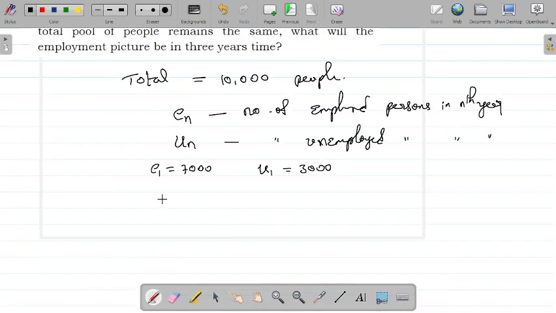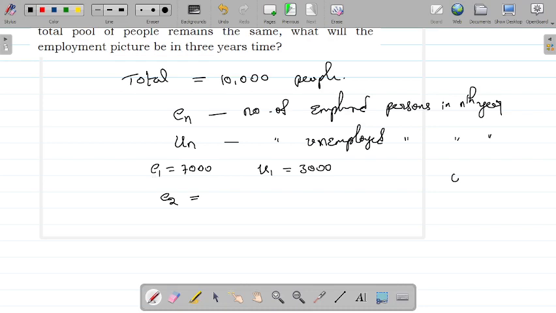So next, what is E2 and U2? Can we find any relation between them? When it comes to E2, you should observe carefully. We know that 10% of the employed persons are becoming unemployed.